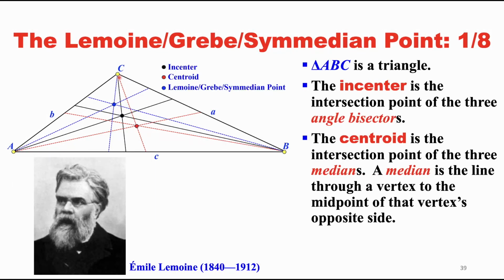A median is a line going from a vertex to the midpoint of the opposite side. So here, the centroid is marked in red. On this side, the median is here. On this side, the median is here. On this side, the median is here.